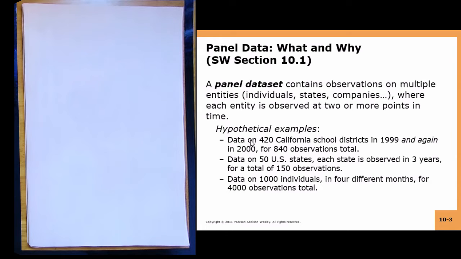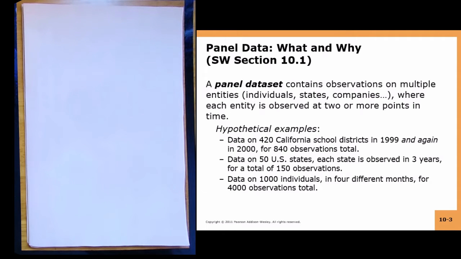So what are some of the examples? You remember we talked about the California school districts, the 420 California school districts, where we looked at the class size and the performance of students in those classes.